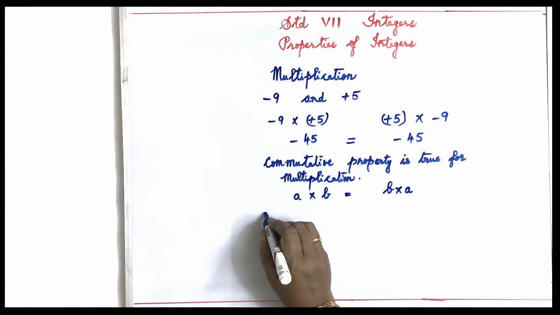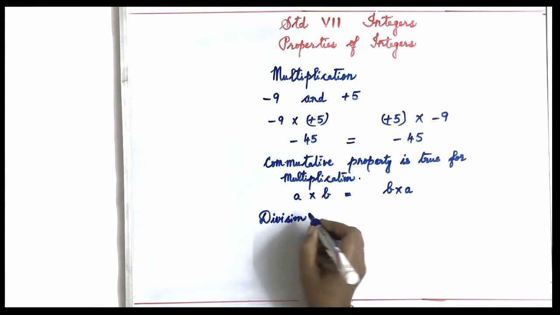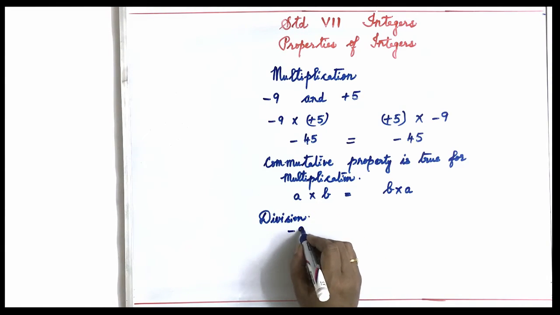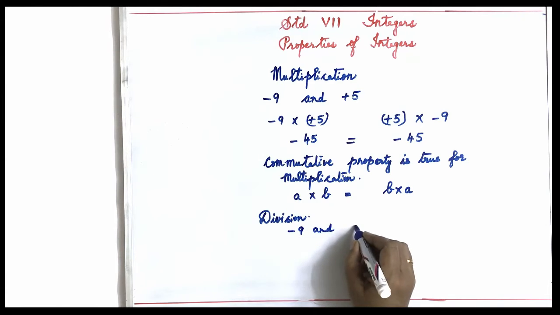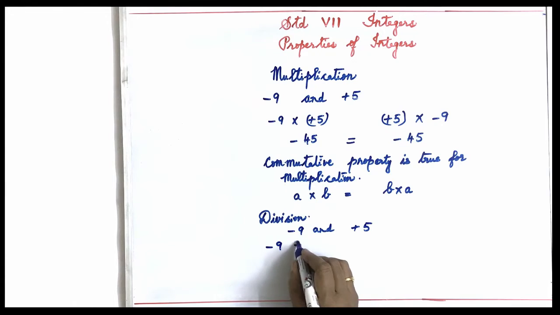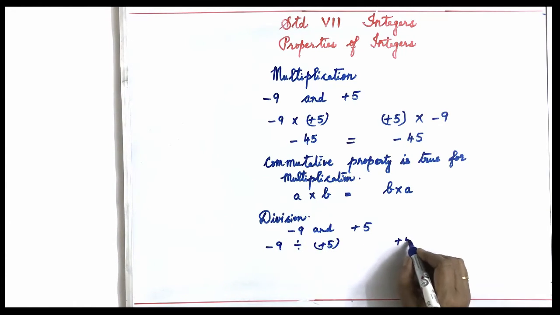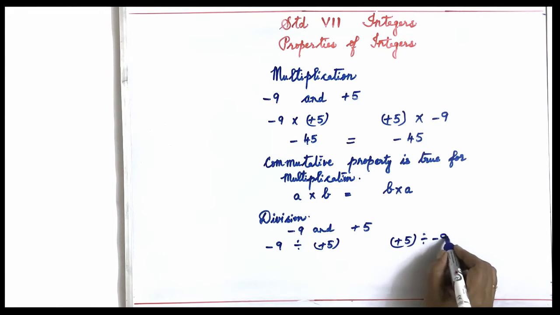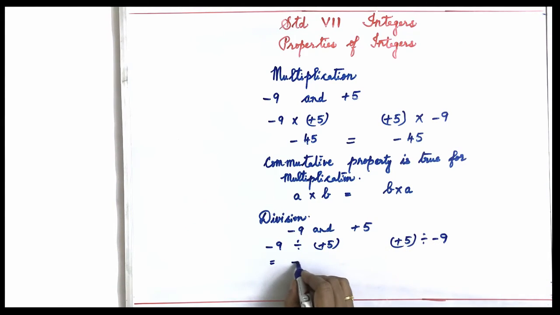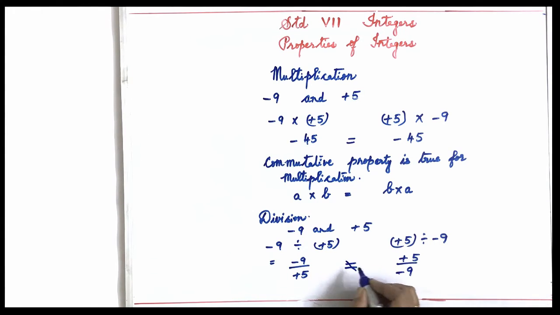Next we can see division. We can take the same integers minus 9 and plus 5. Now change the order, minus 9 divided by plus 5. And in the right side, plus 5 divided by minus 9. So this can be written as minus 9 divided by plus 5. And this can be written as plus 5 divided by minus 9. Both are not equal.